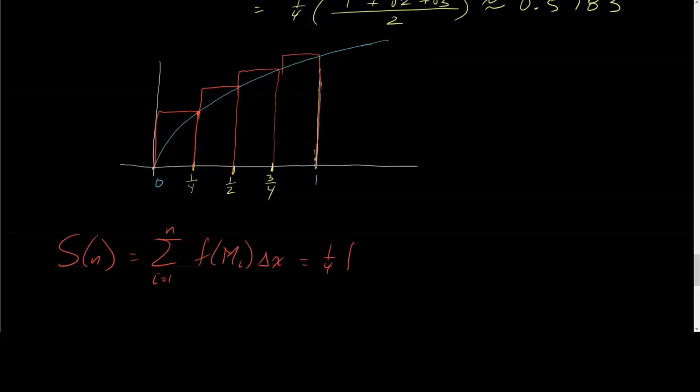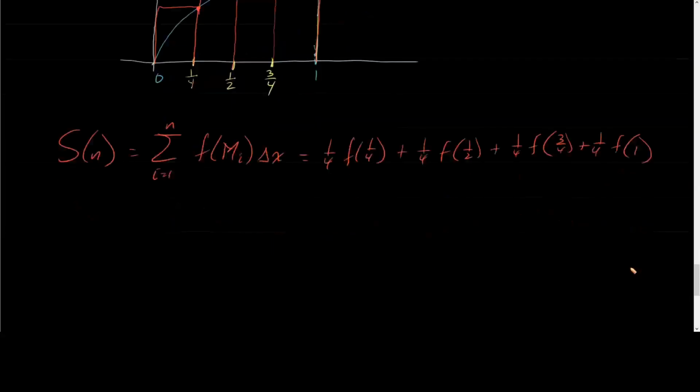So we're going to have f of 1/4, right? Because capital M represents the value of x that gives us the maximum value of the function on the interval. All right, plus the next one, 1/4 times f of 1/2, plus 1/4 times f of 3/4, plus 1/4 times f of 1.